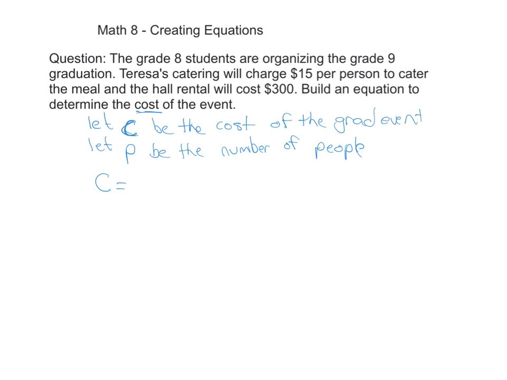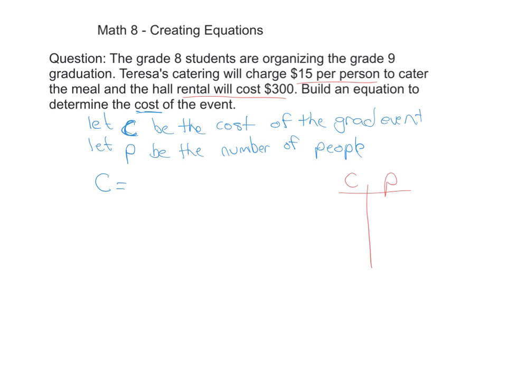A key idea here is that we're going to charge $15 per person for food. So the meal is going to cost $15 per person. And the second big thing is the rental will cost us $300. So I'm going to put C here, and P here. I'm making a little table of values like you did before.